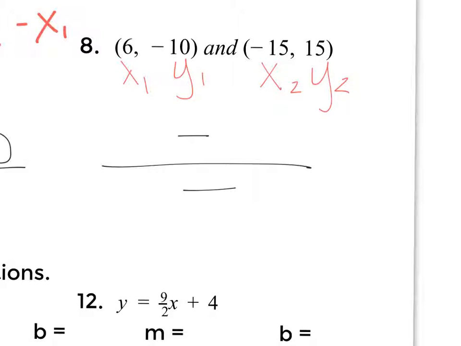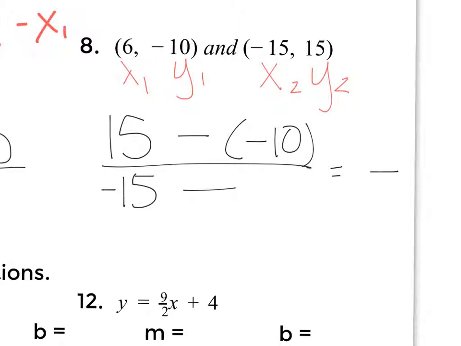Okay, y2 minus y1. So 15 minus negative 10. You can put that in your calculator and you can figure it out. And then you would have in your denominator x2, which is negative 15, minus 6.